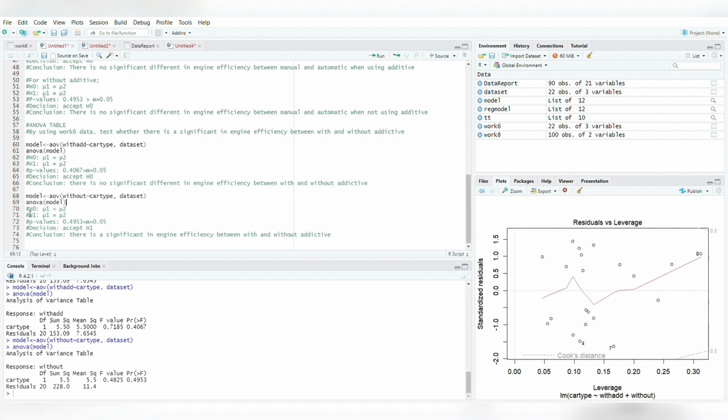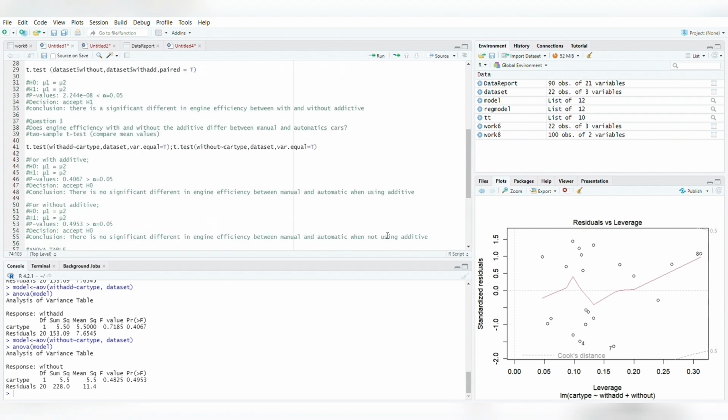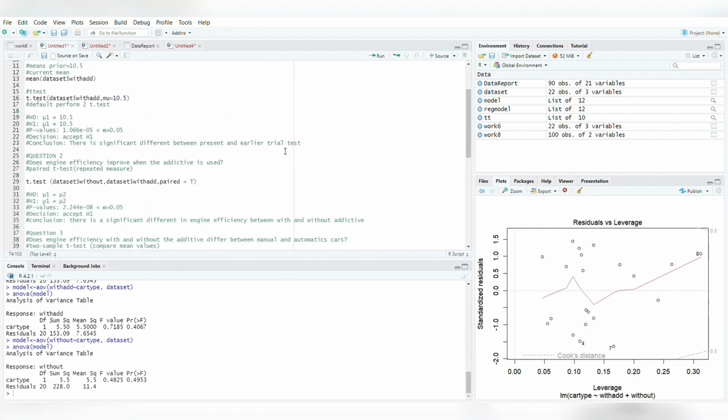The hypothesis is H null, mu1 must equal mu2, H1, mu1 must not equal mu2, and the p-value 0.4953 is bigger than alpha. The decision is we must accept H null, and there is no significant difference in engine efficiency between with and without additive. Okay, that's all for the t-test and ANOVA.